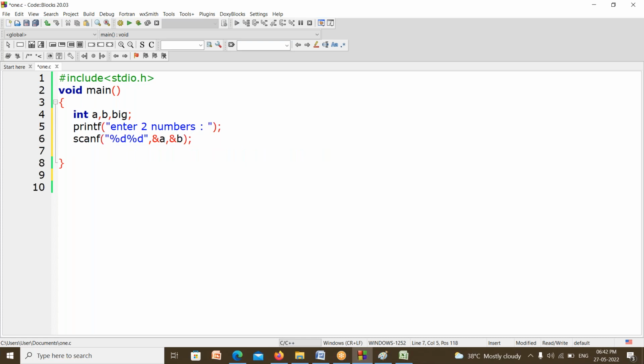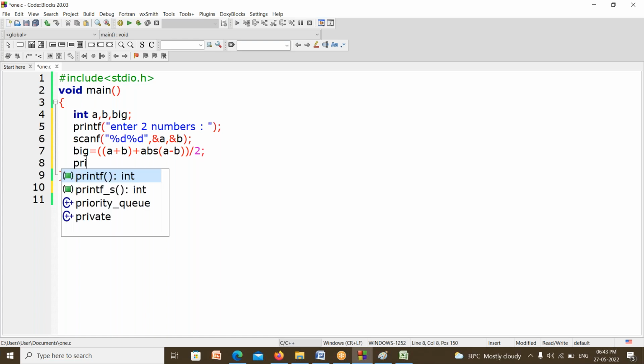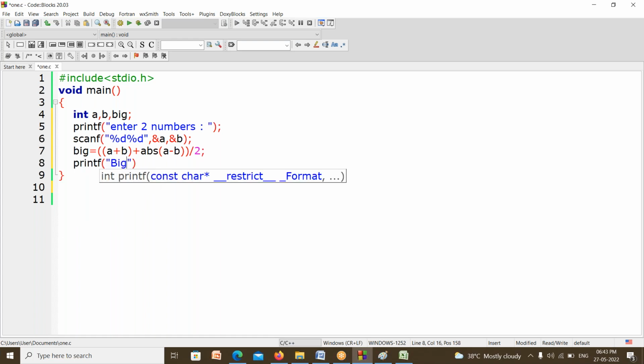Now you have two numbers with you. Now to find the big number, big equal to, how to find, what is the formula? See this: (A plus B plus absolute of A minus B) whole by 2. It is the formula. Now print the big number: big equal to %d, comma big.